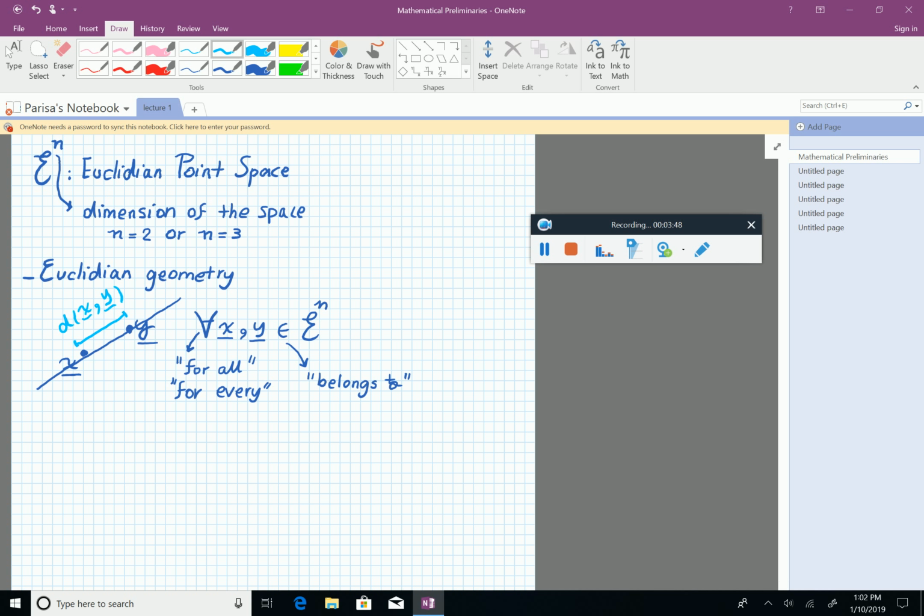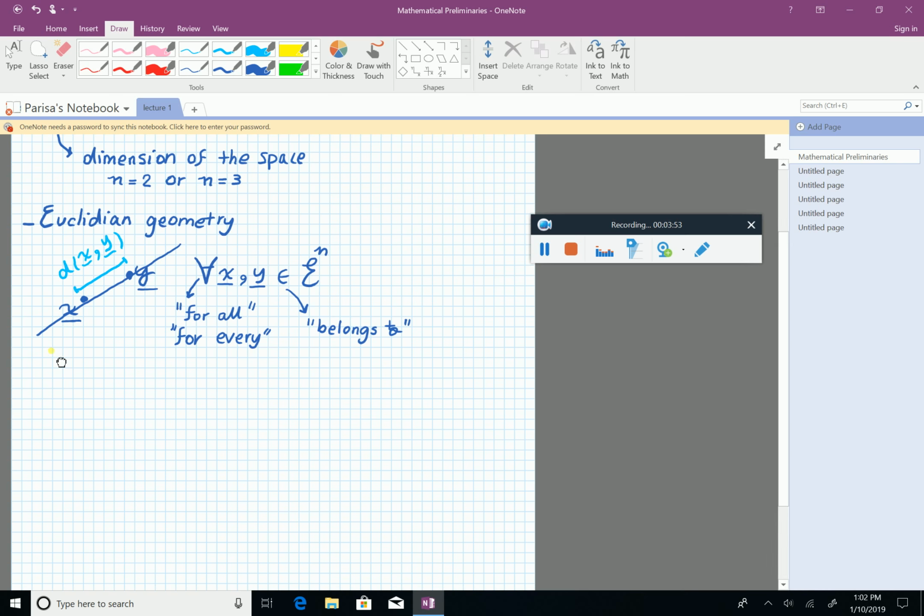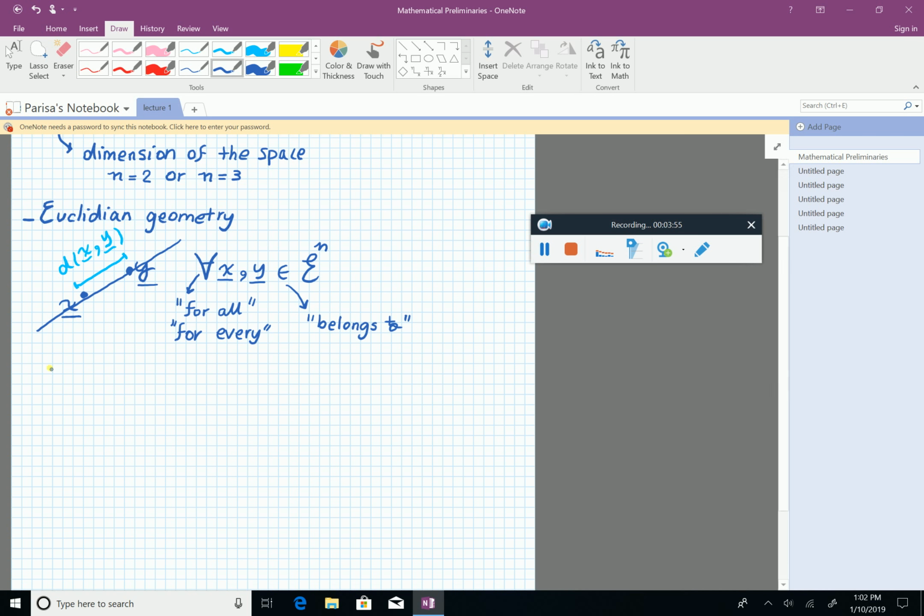If we want to formalize, d is basically a function which maps 2 points in the Euclidean point space, that's the Cartesian product, into a number, a scalar.